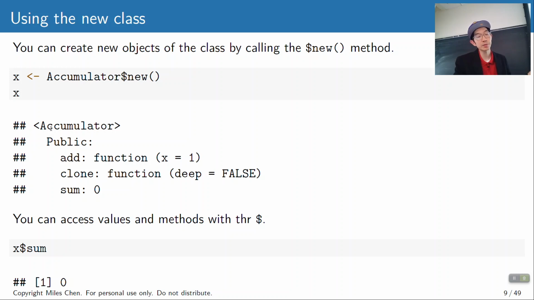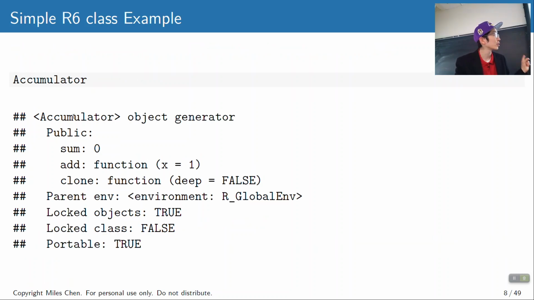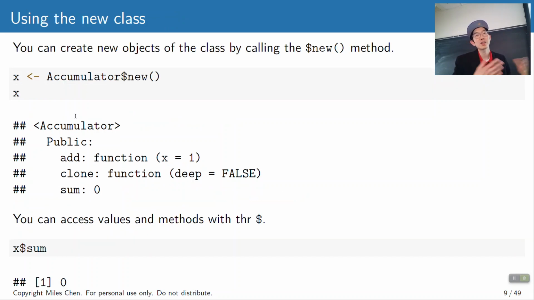That's different from accumulator itself. Accumulator is the object generator. Accumulator is the class definition. Anytime I use accumulator$new, we're going to create new objects of this thing. It's kind of like human being is a class, and then each one of you is a particular instance.